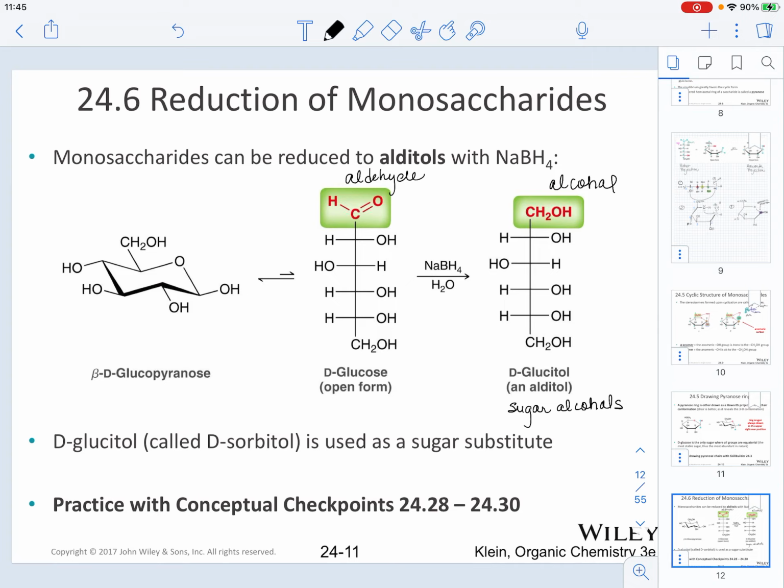And that is a common sugar substitute. So sugar alcohols are going to be utilized as sugar substitutes. So many sugar-free gums contain these compounds in order to not have a sugar present that can be metabolized in our system and used for energy, but you can still have the taste of sweetness.